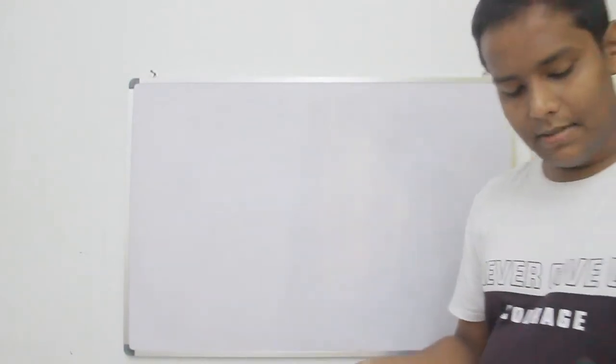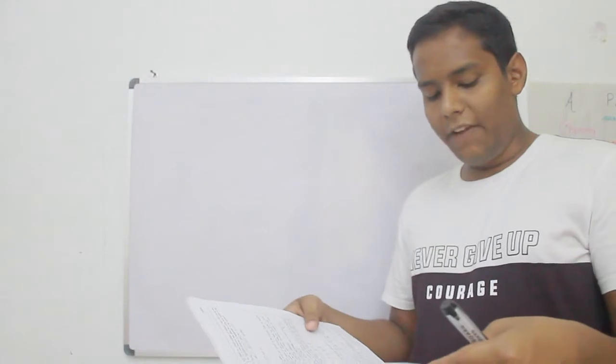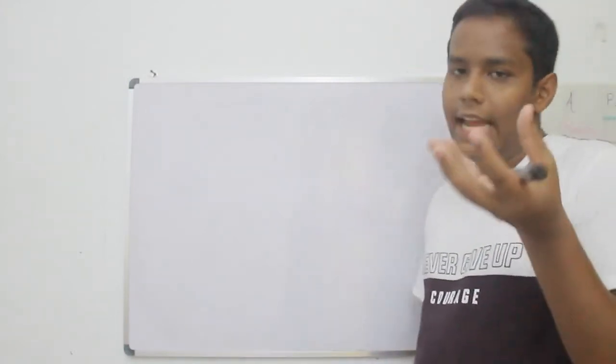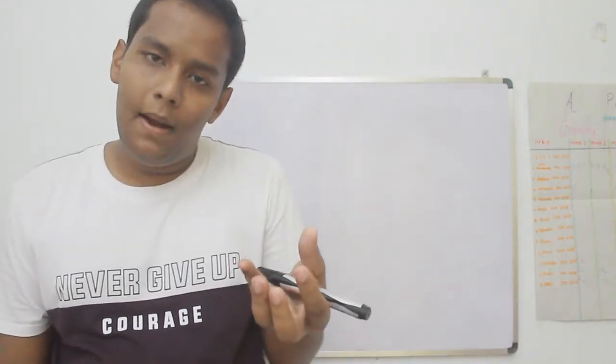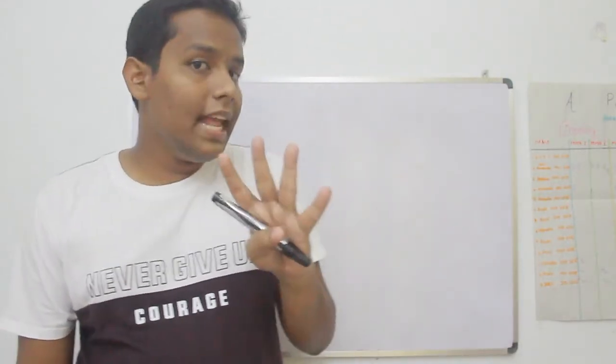Question number 6. The molarity of an NaI solution with density of 1.03 grams, which is 3% NaI by mass, is. So we have a sample of NaI, and not the entire sample is NaI.